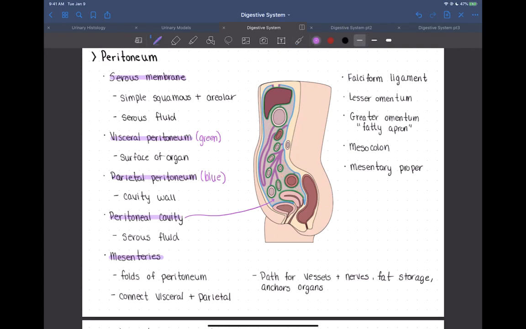All right, so then hopefully you're noticing with this picture, we don't just have green and blue. There are also these purple structures. These are kind of unique with the digestive system. They're called mesenteries.